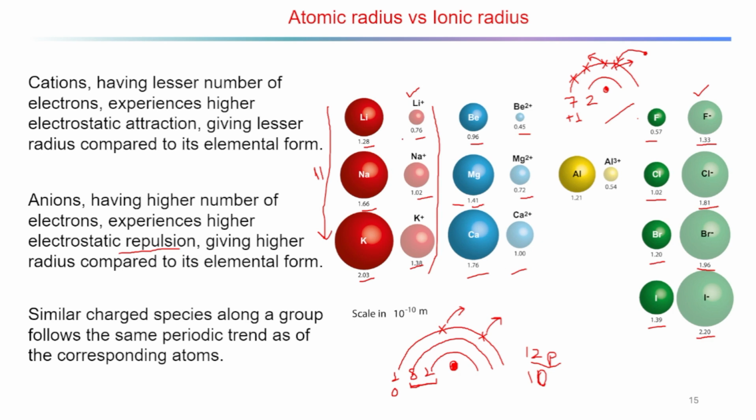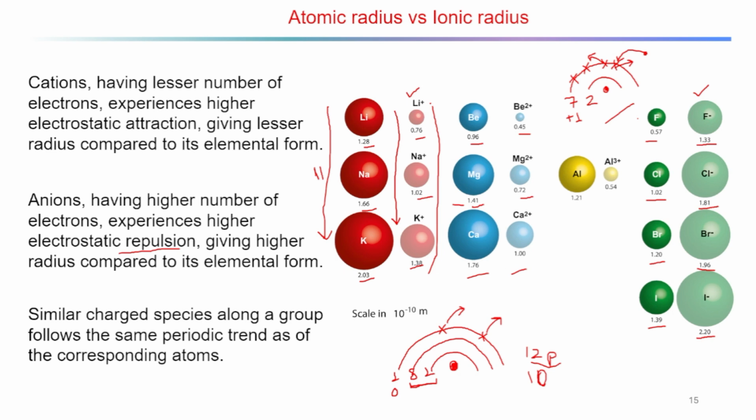Similarly, if we consider lithium plus, sodium plus and potassium plus, we can see here also the size is gradually increasing from lithium to potassium. And that is the thing: ionic species with the same charge will every time follow the same periodic trend as the elemental forms.